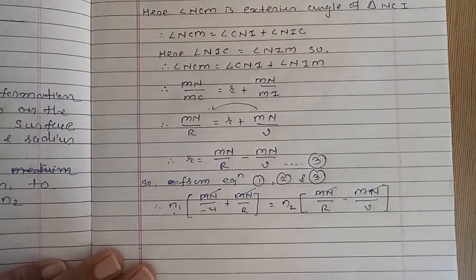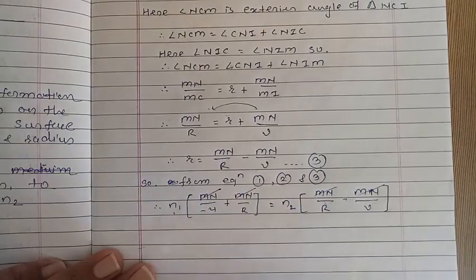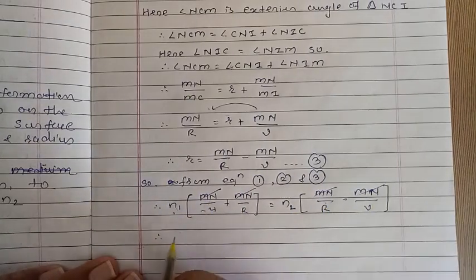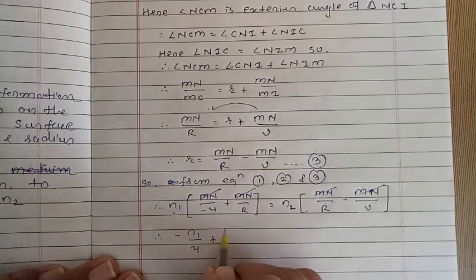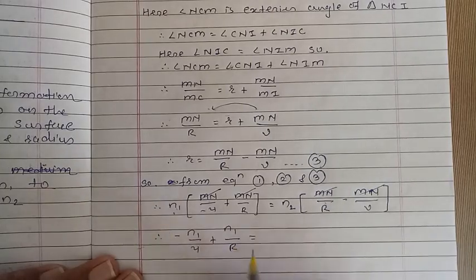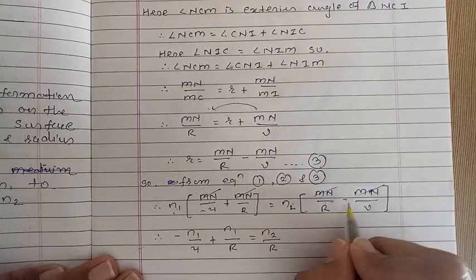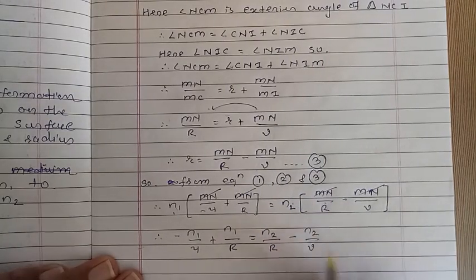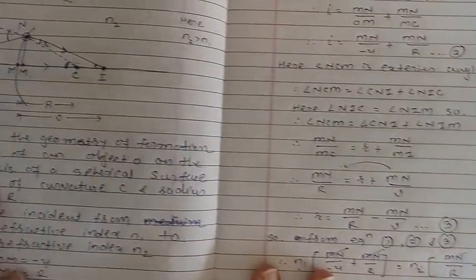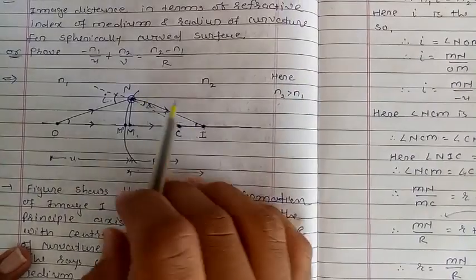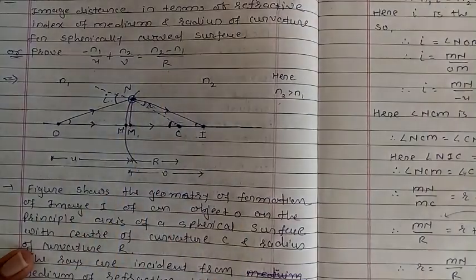So we multiplied by N1 and by N2. So we can write N1 minus N1 by U plus N1 by R is equal to N2 by R minus N2 by V. Here we have to prove an equation like this: minus N1 by U plus N2 by V is equal to N2 minus N1 by R.